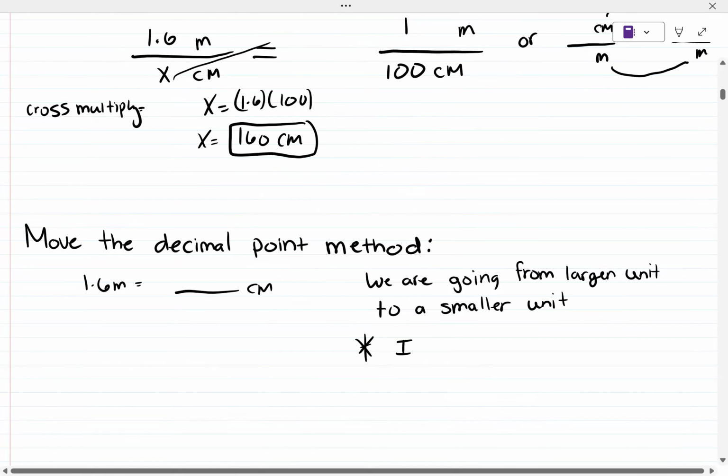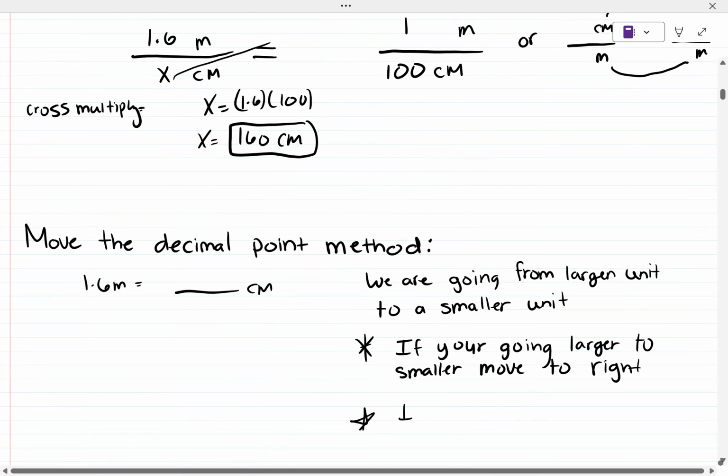So keynote. If you're going from a larger unit to a smaller unit, you're going to move the decimal place to the right.